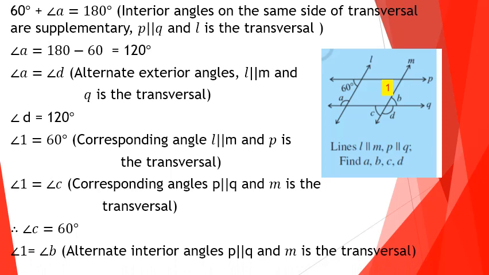Hence, angle B equal to 60 degree. Hence, angle A equal to 120 degree, angle B equal to 60 degree, angle C equal to 60 degree, and angle D equal to 120 degree.